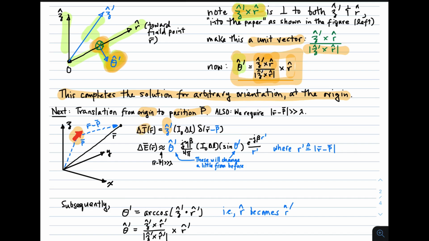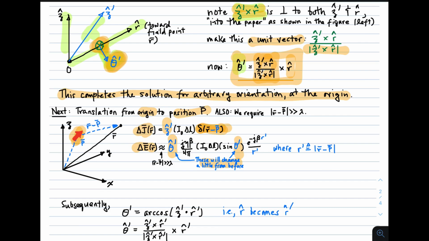The only thing that changes in our mathematical definition of that current moment is the spatial sampling function, where now we want that spatial sampling function to trigger not at the origin, but rather at point P. So we indicate that simply by saying that the argument should be r minus P. Then we see that the associated electric field should be theta hat prime, which could change a little bit from before. We'll see that in a moment. And theta prime. So we have those two things.